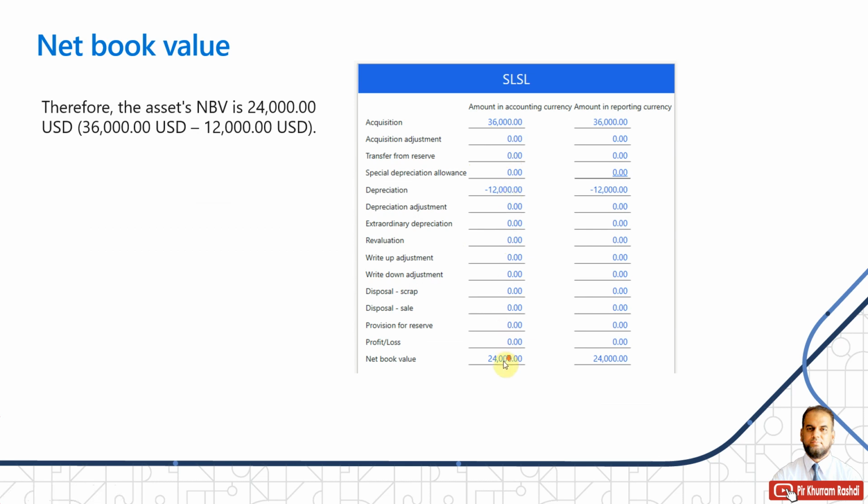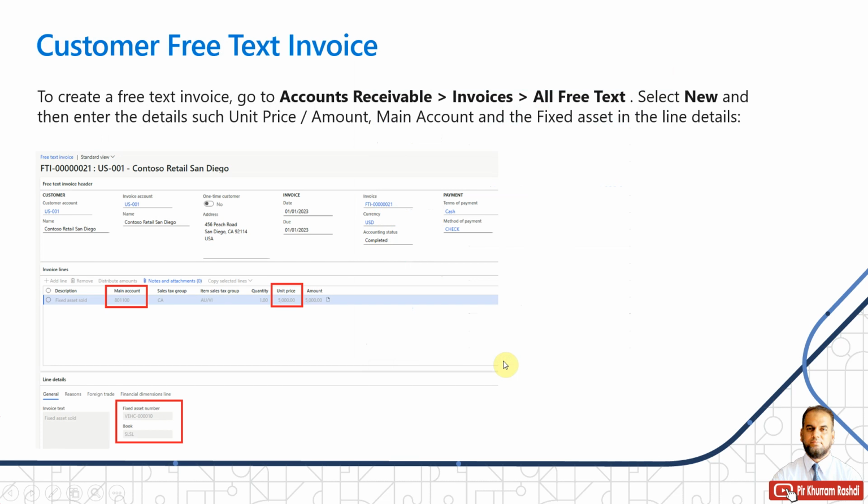Okay, so the customer free tax invoice screen is shown here, which you can browse to from the account receivable module, then the invoices group, and then the all free tax invoices link needs to be clicked. Once it is clicked, it will open a form where you can select the new command, and then enter the details such as shown on the screen. The customer account needs to be selected, and then all the values are defaulted.